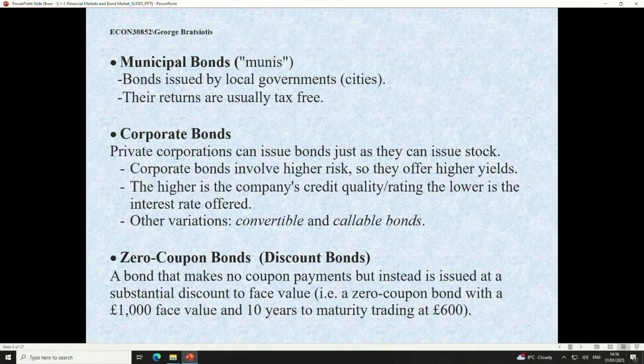Because instead of a coupon payment every month, you buy the bond at 900, let's say, today, and upon maturity in 10 years, you will receive 1,000. So the face value is 1,000, but really you buy at a discount, and this is why they're called discount bonds. The difference between the 900 you paid and the 1,000 you receive at the end is all the compound interest payment, there upon maturity.